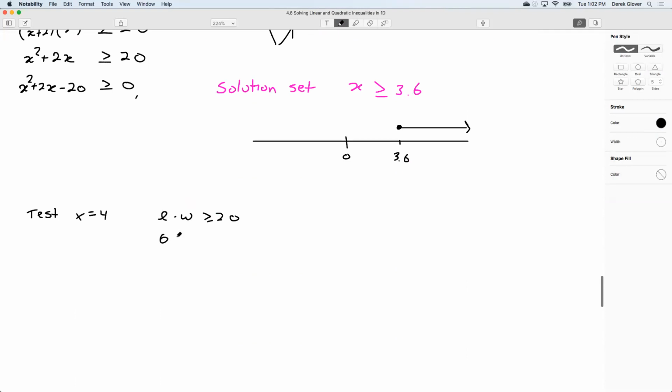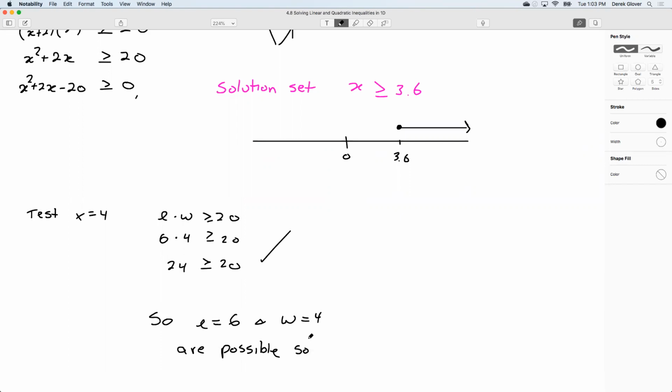The width is x, so 4. 6 times 4 is 24, which is greater than or equal to 20, so this works. So we could say length equals 6 and width equals 4 are possible solutions.